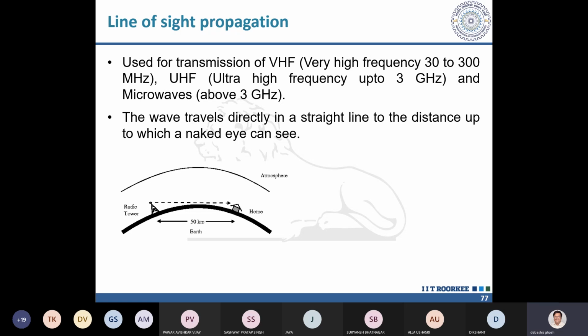That is why the television stations use line of sight transmission. Even now the local television center, say the Delhi television center, uses this for covering television signal broadcasting in its line of sight. So it has to be within the line of sight.